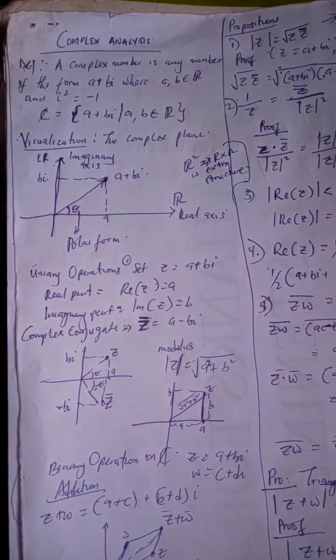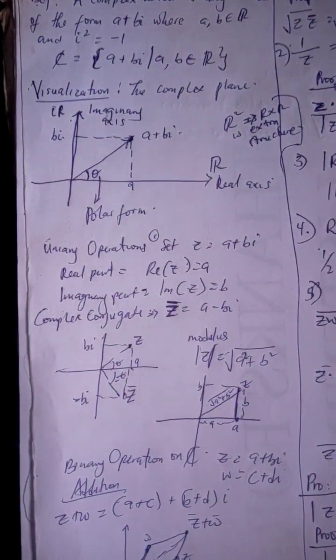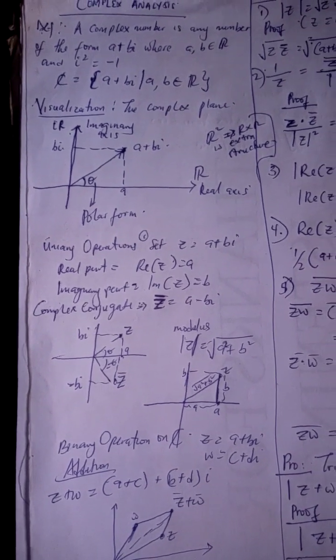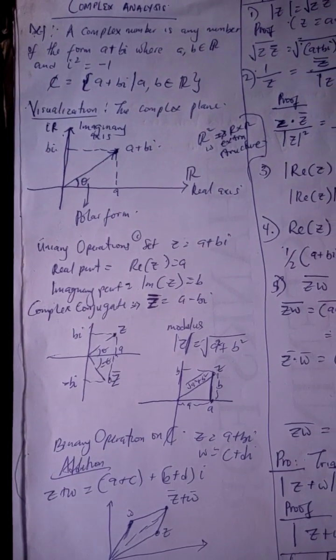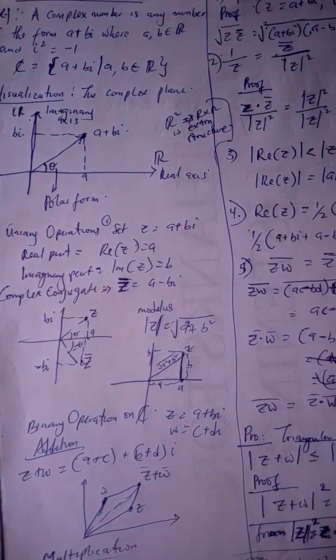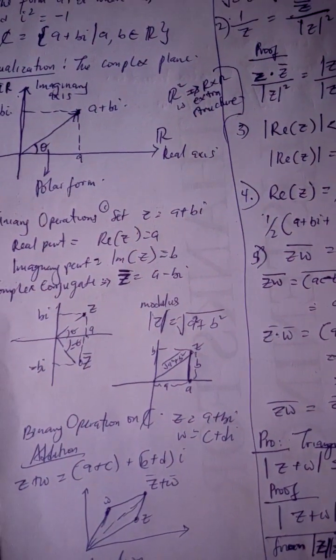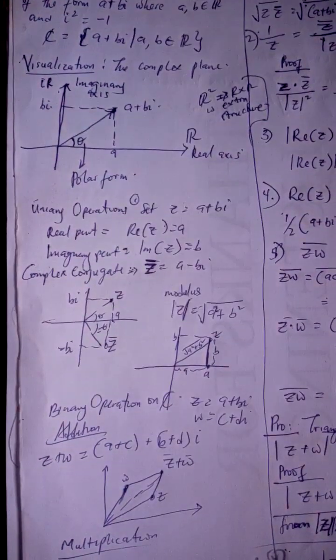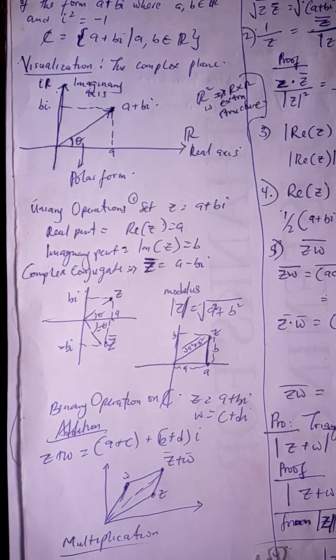Anytime you see z bar, you should know that it is the complex conjugate. It's just like the opposite of the complex number you are dealing with. The complex number you are dealing with here is a plus bi. So the conjugate is a minus bi.